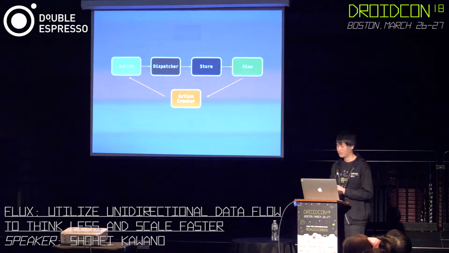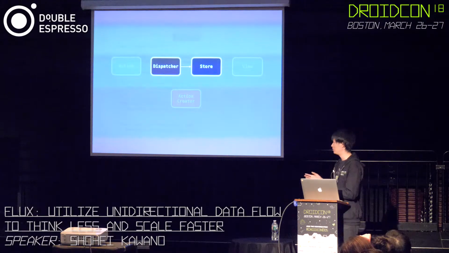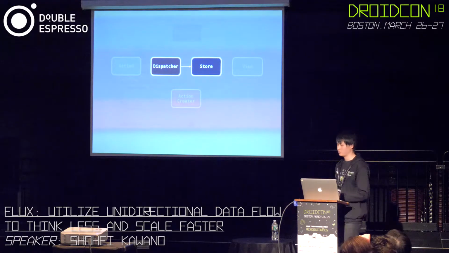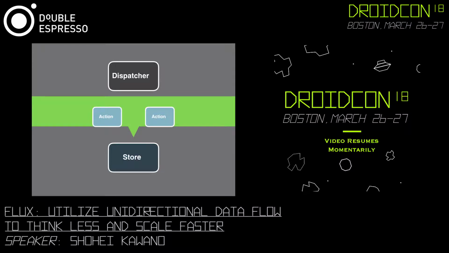But remember that in Flux architecture, the dispatcher and store are the only places where we need to use an event bus. And I think in Flux architecture, it's kind of difficult to abuse the event bus functionality because the dispatcher and store are the only places where we need to be coupled. And only the action will be dispatched from the dispatcher. So I think in Flux architecture, there's no problem for that.